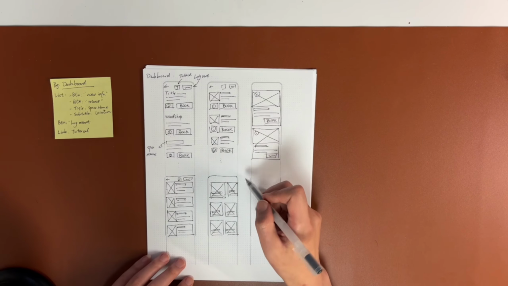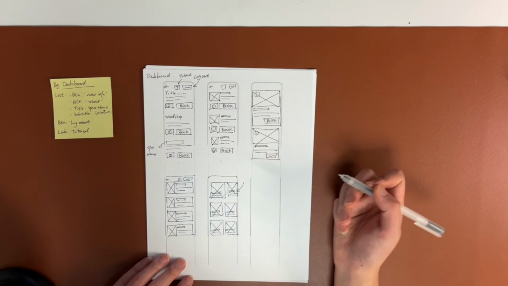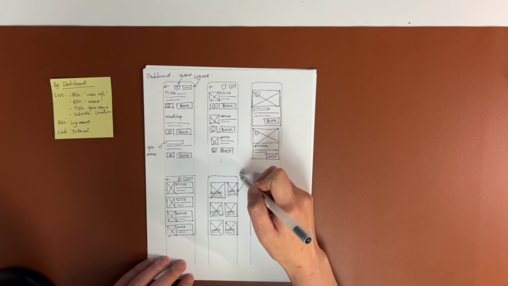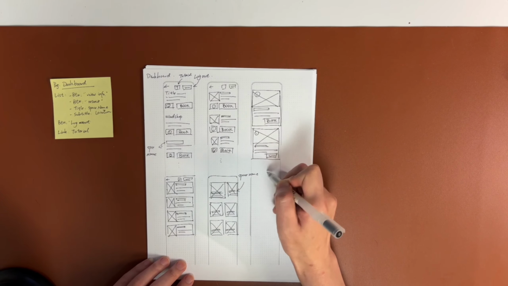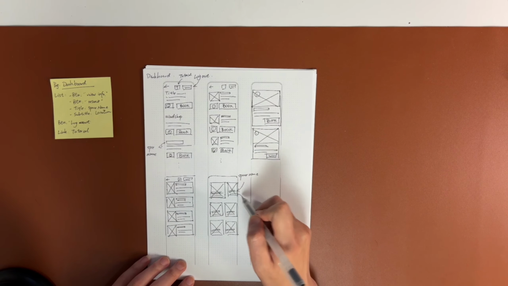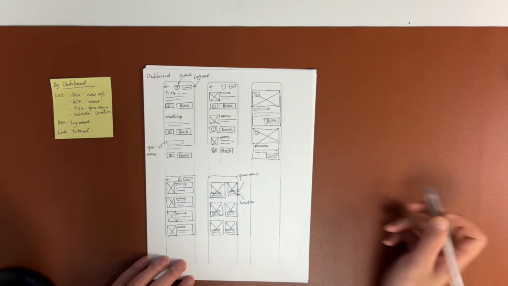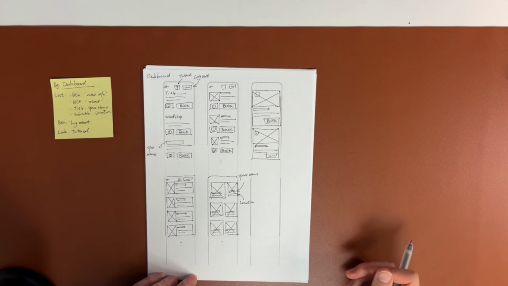To further clarify that, I'll add some notes here: space name, and down below would be location or address. Okay, add more down below.